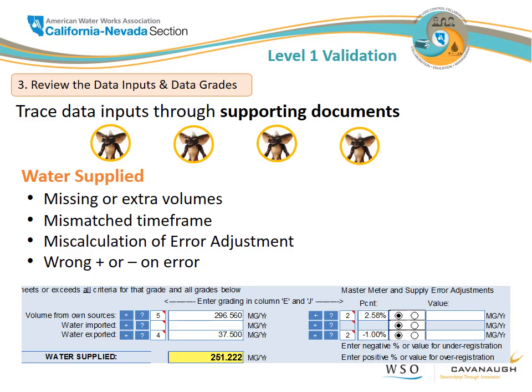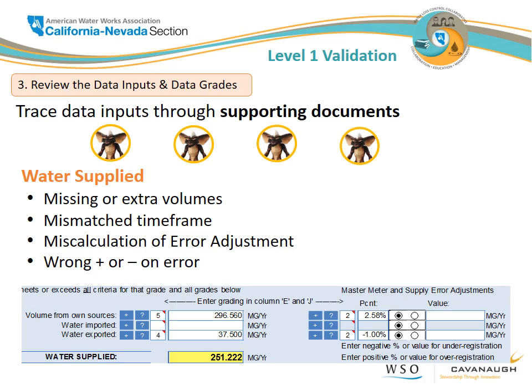But to reiterate, a level 1 validation review is not going to involve going to the field and conducting an accuracy test on the supply meter. It's not going to involve doing a detailed extraction of the SCADA data. So you just have to be aware that those types of gremlins can exist when we are looking at the level 1 review on the water supplied.